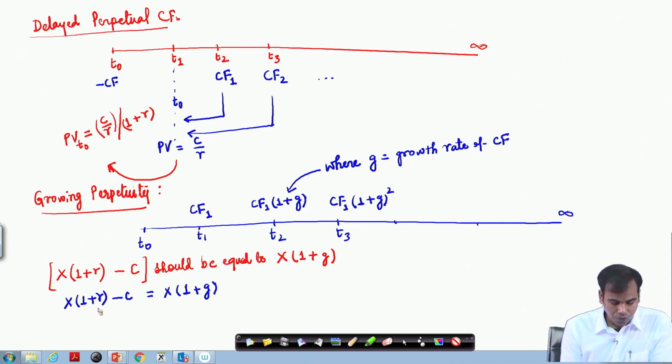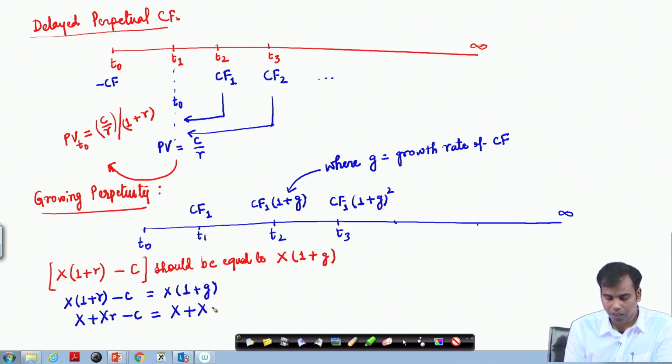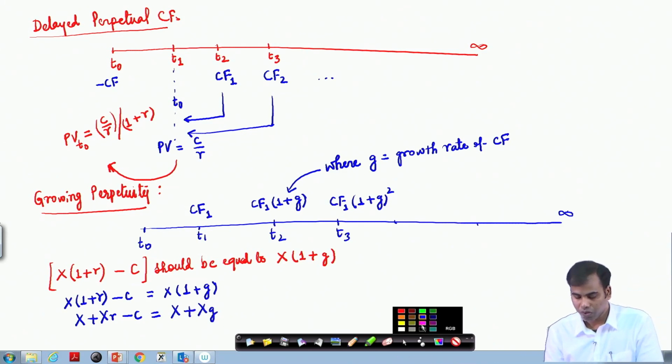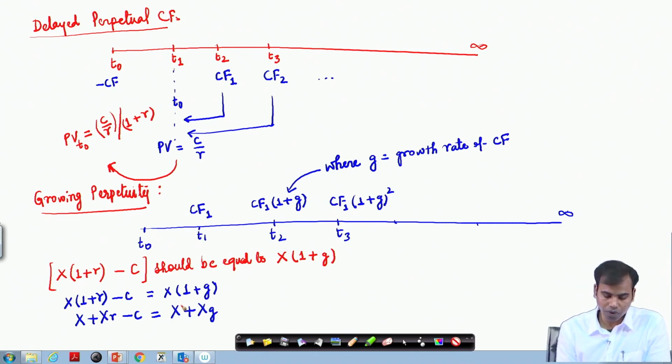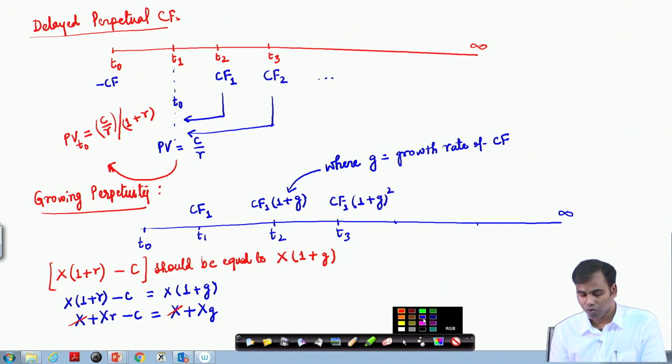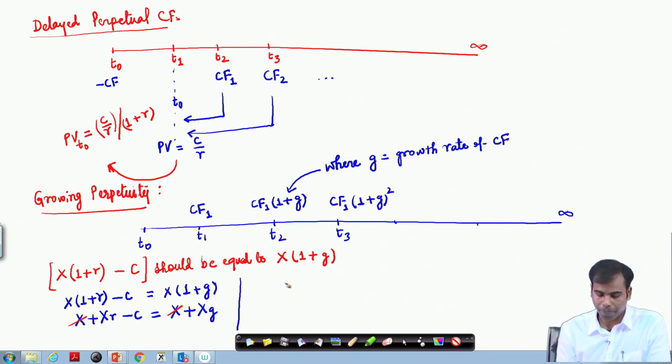And if you simplify it further, x plus x r minus c, on the right hand side it will be x plus x g. If we try to simplify it further, these two x will cancel. So, what you are going to get next is x r minus c is equal to x g.